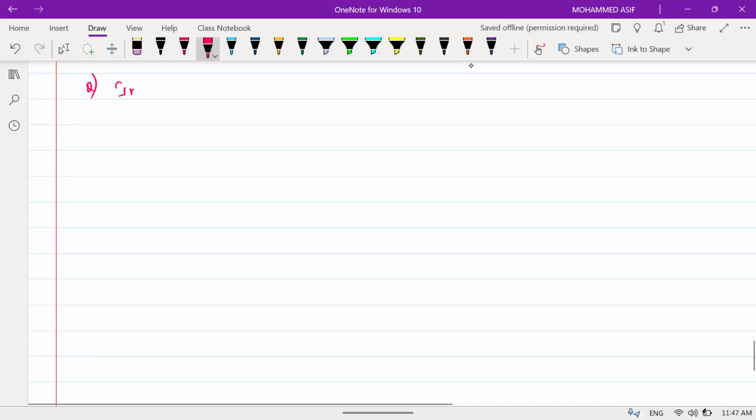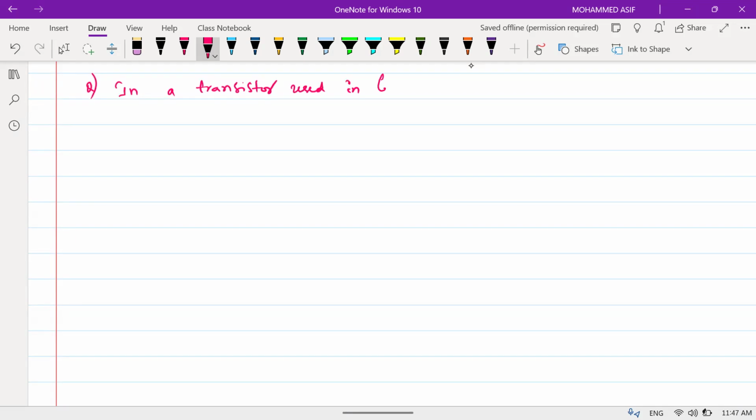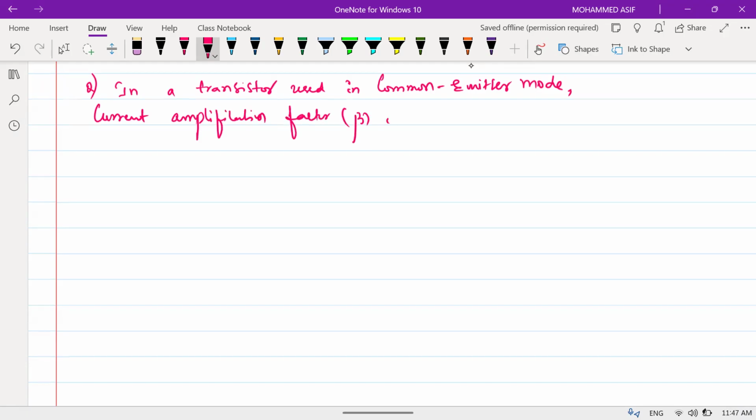In a transistor used in common emitter mode, the current amplification factor, that is beta, is 100, and the base current IB is 50 microamperes.